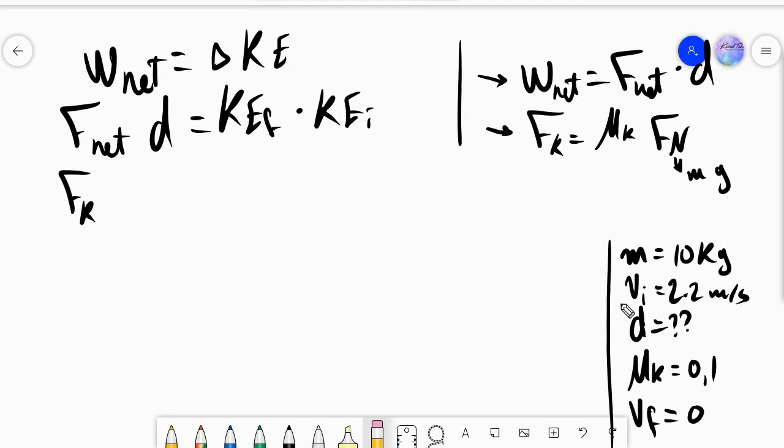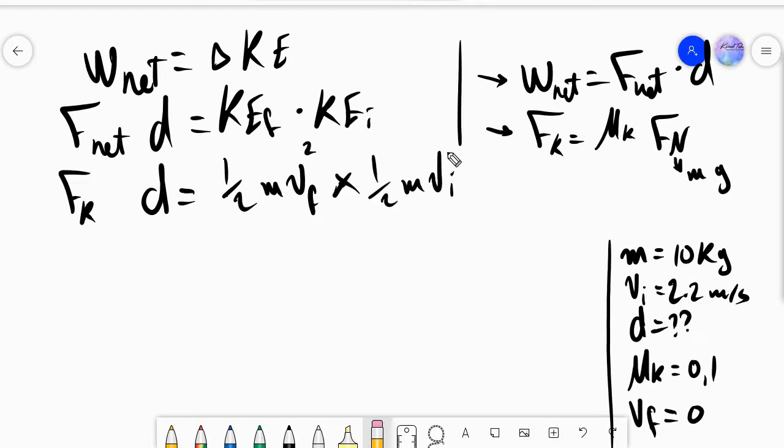But in this case, he gave you just the kinetic friction, which means that is the only force exerted on this object, causing it to stop. Now for the kinetic energy, Fk d equals half m vf squared minus half m vi squared.